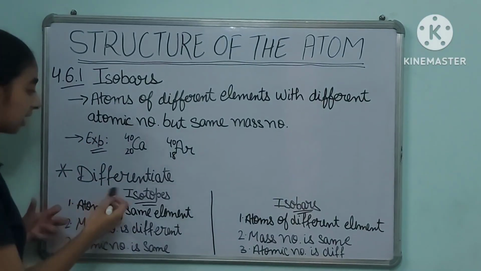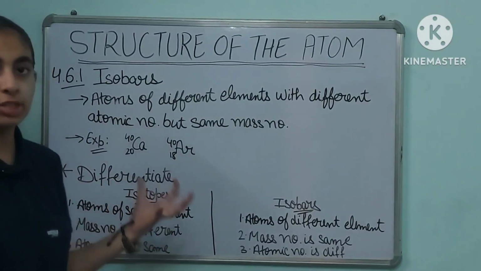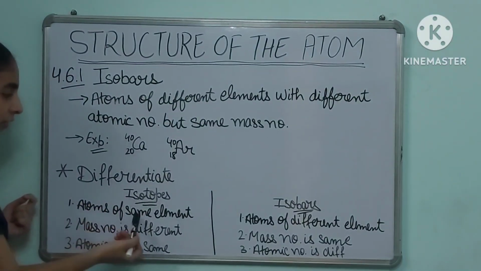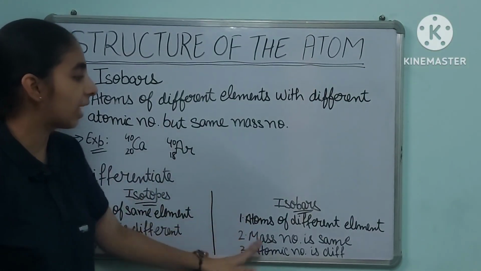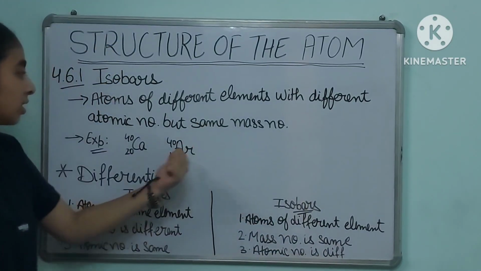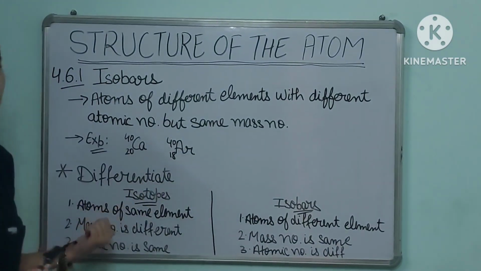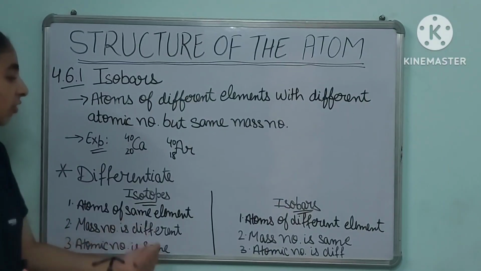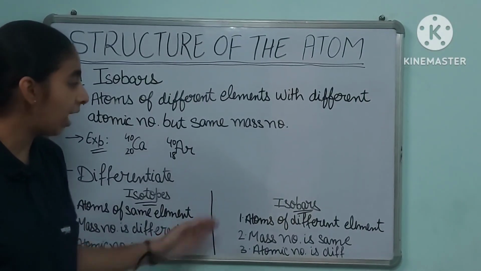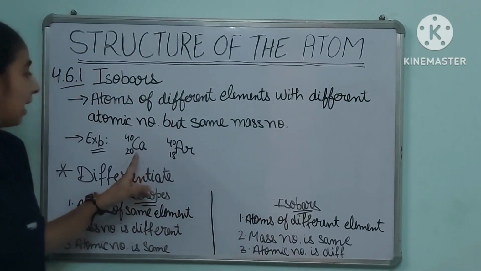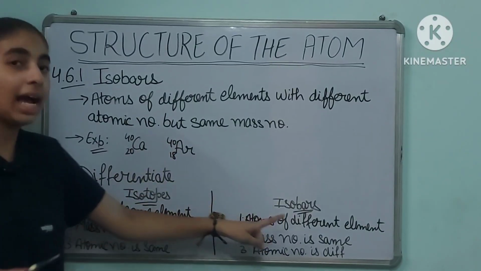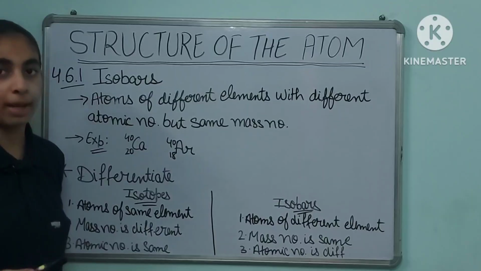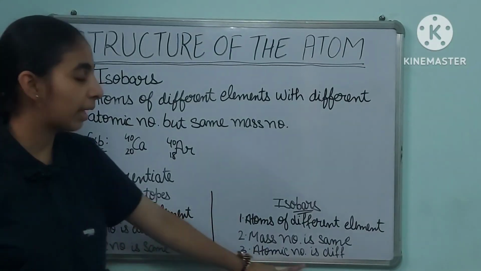This is how we differentiate isotopes and isobars. Let's recap: isotopes are atoms of the same element and isobars are atoms of different elements. You can see examples here of isobars and of isotopes of hydrogen and chlorine. Next, the mass number is different in isotopes and the mass number is the same in isobars, like calcium and argon with mass number 40. Third, in isotopes the atomic number is the same and in isobars the atomic number is different.